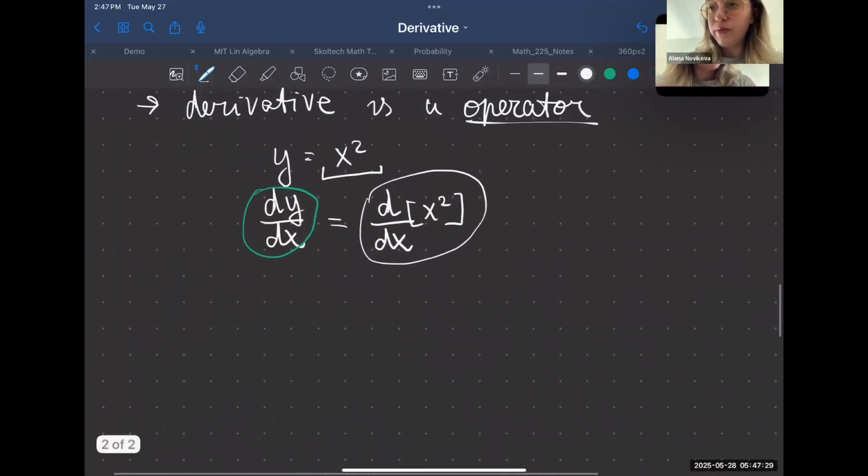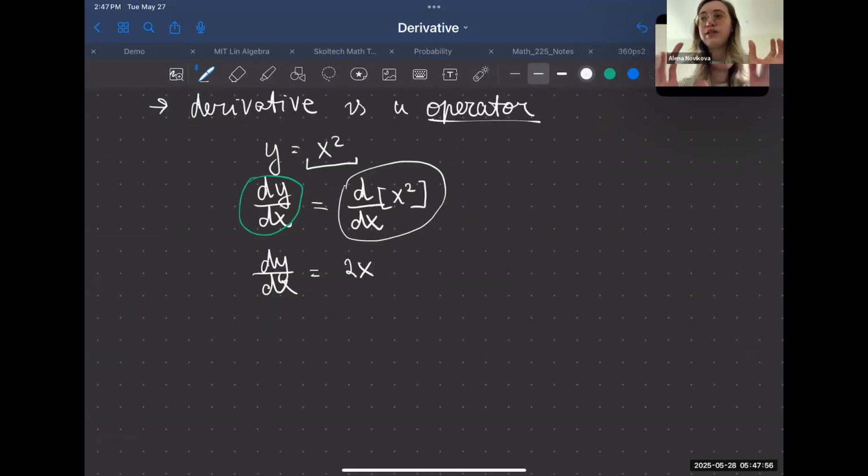This is simplifiable, right? So if we rewrite it, we have dy over dx equals 2x. We started with the original equation, then we applied our derivative operator. The left-hand side we can't simplify further, but the right-hand side just turned into 2x. And that's how we know that the derivative dy over dx equals 2x.